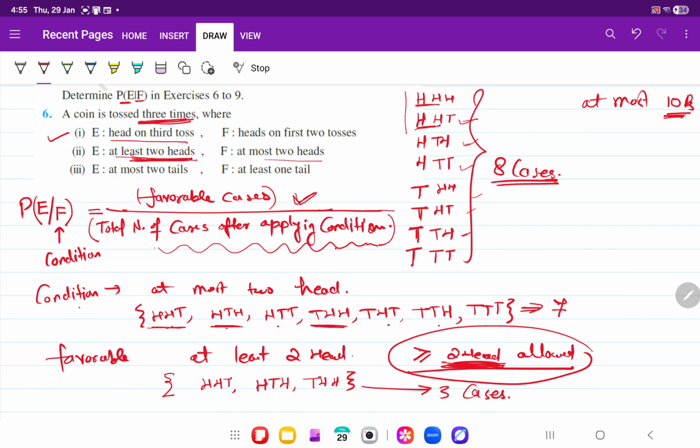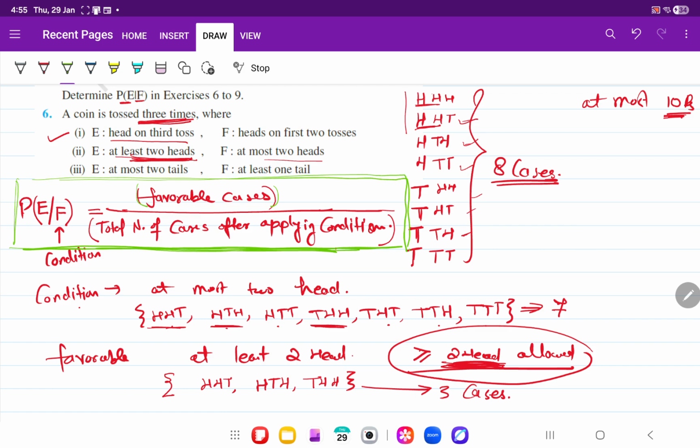So what do you think the probability will be? The probability formula I told is favorable by total number of cases after the condition. After applying the condition, the total number of cases is the denominator and favorable is the numerator. So this is the probability.